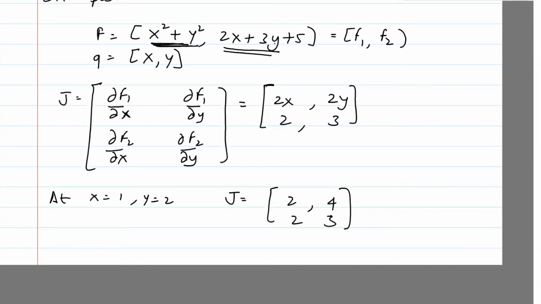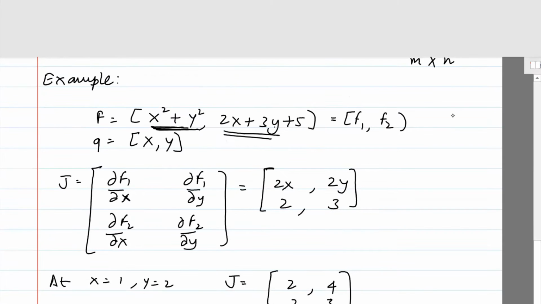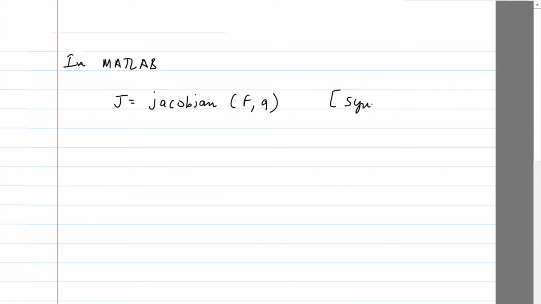Now, if you're going to do this with MATLAB, it turns out there is a simple way of doing this. In MATLAB, you can define J using a function called jacobian, as jacobian(f, q), where you would obviously define f appropriately and q appropriately, and you would get the value of J. This is symbolic, that will give you a symbolic value for the Jacobian.